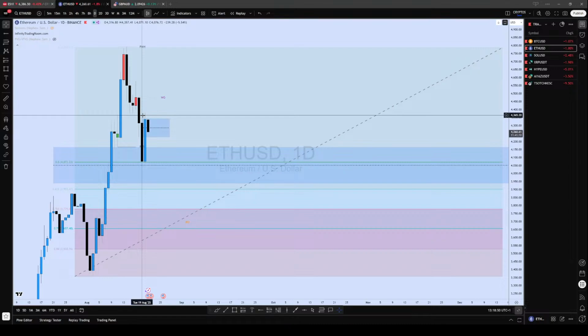Maybe one more run below this low is possible because it's dipped into that fair value gap.